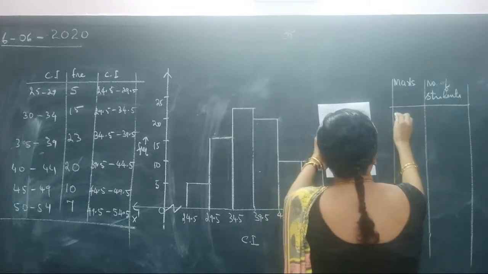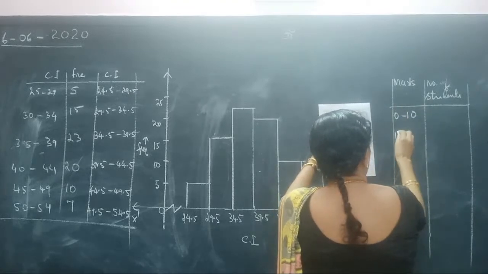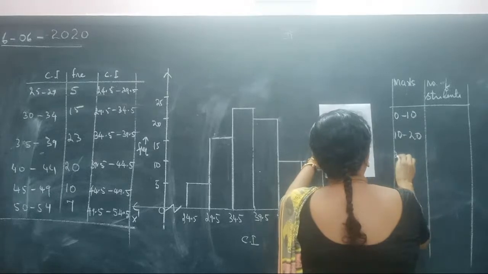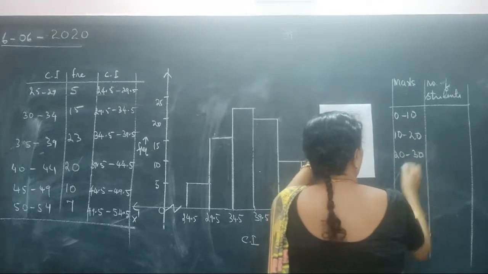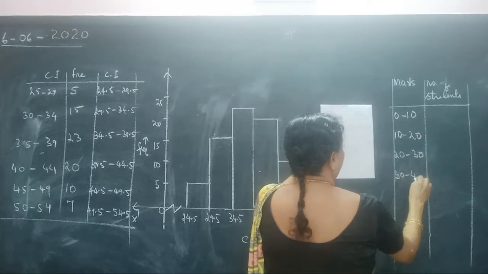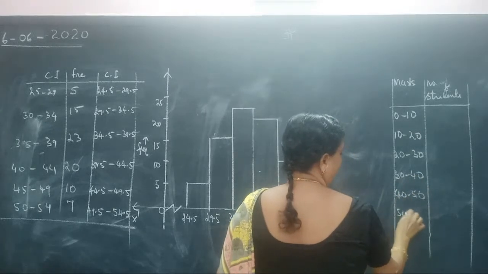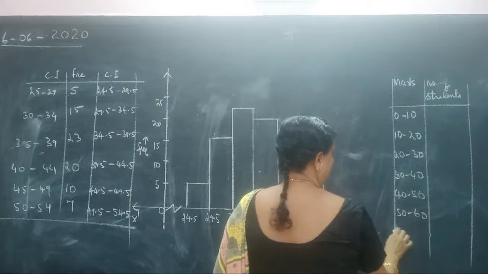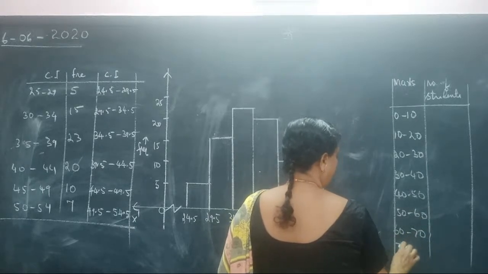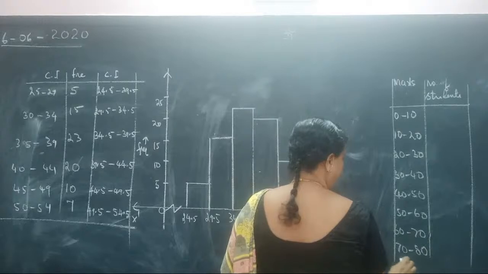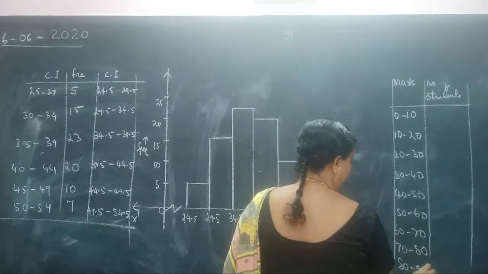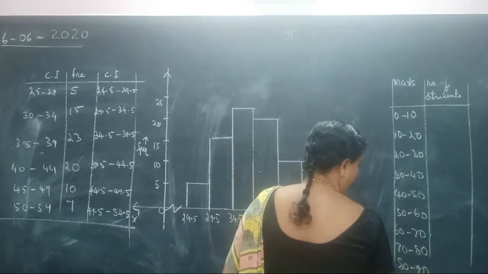We start from 0 to 10, 10 to 20, 20 to 30, 30 to 40, 40 to 50, 50 to 60, 60 to 70, 70 to 80, 80 to 90, 90 to 100.